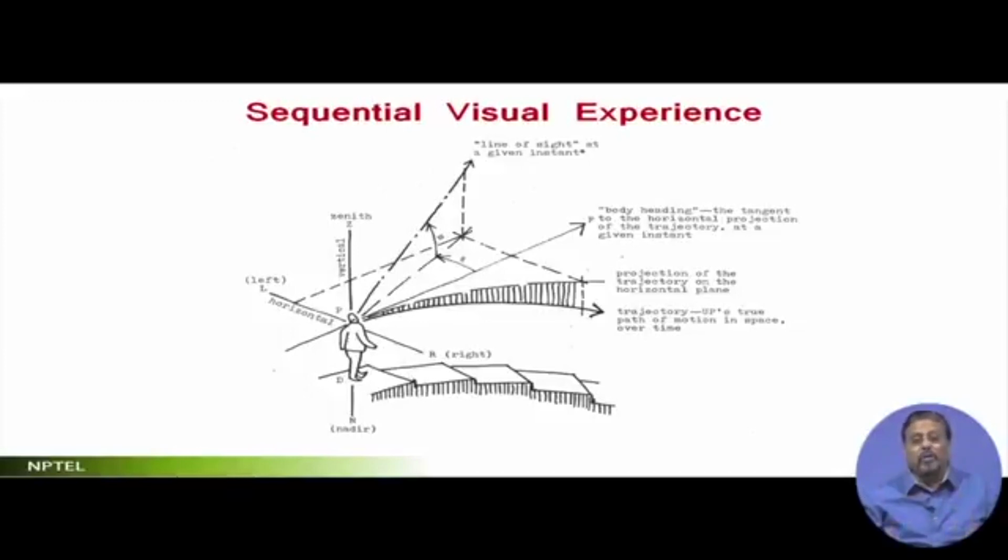I am just trying to emulate with my head: this is my body heading line, this is my x y z position of the eye, and then I am turning my head like this and looking upward, and that is the position in which I have an x y z where the object is. If you have understood this, then it will be easier for me to explain further.